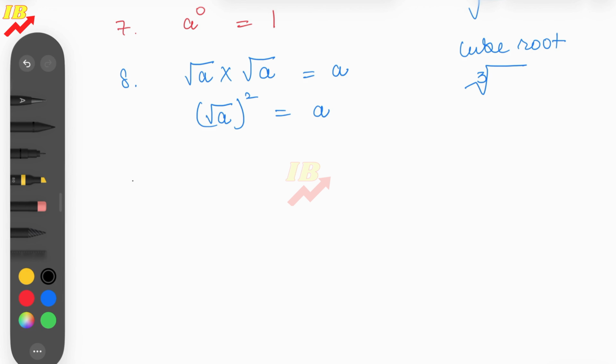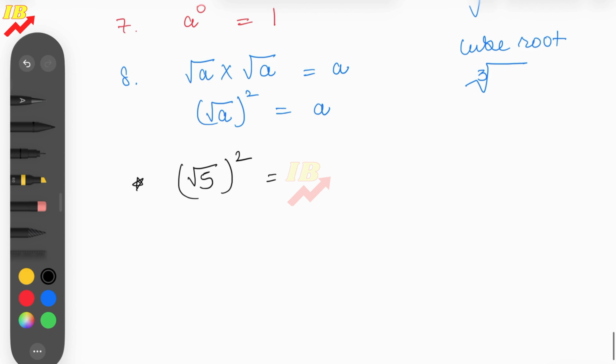So if I'm writing a very basic one, that will be like this. Let's just take the first example, root 5 squared. You can directly write it in this form or in this form. I mean, you can expand it and then solve it.